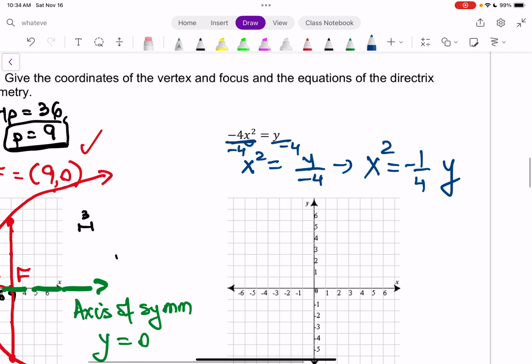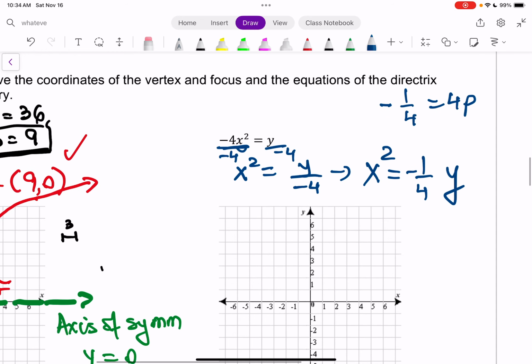That means the -1/4 stands in for 4p. So when I further divide this equation by 4 on both sides, I'm going to get -1/16. So the focal distance is -1/16.